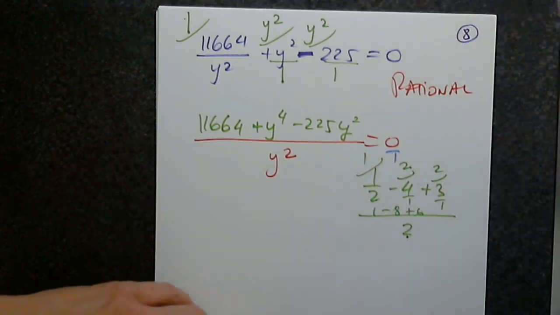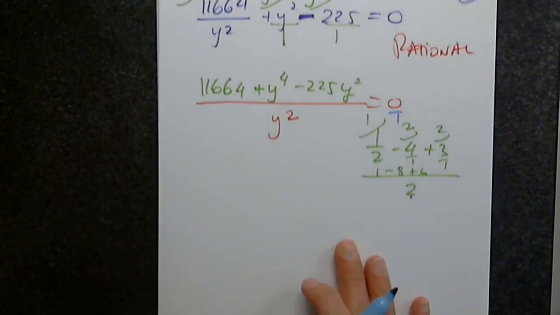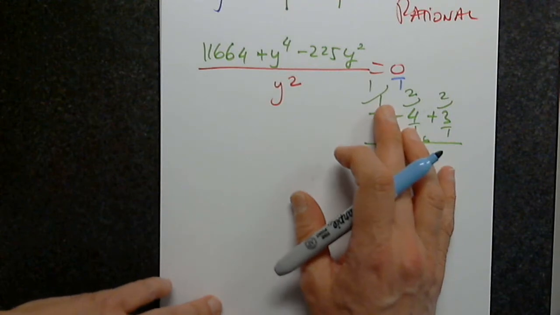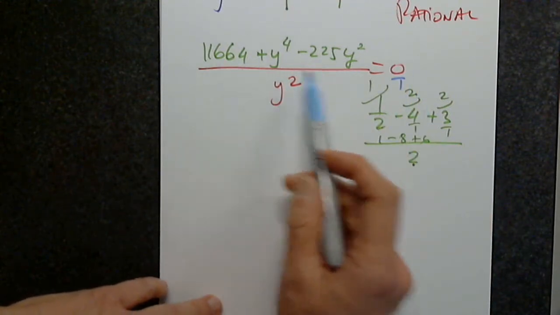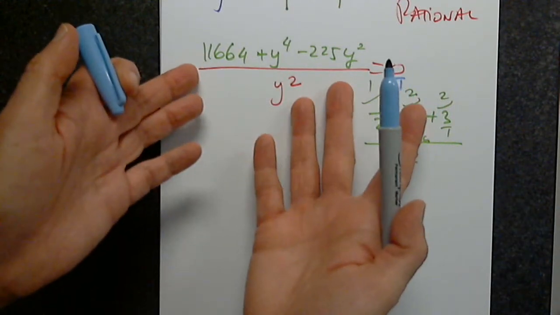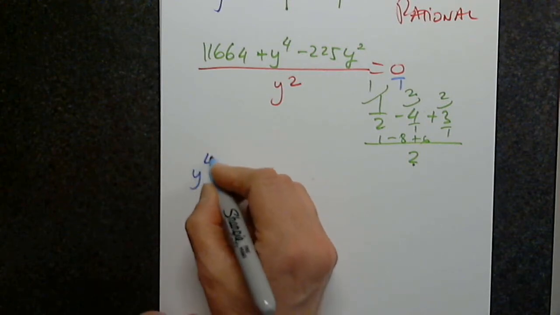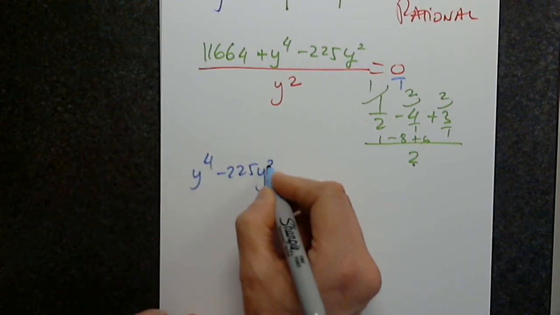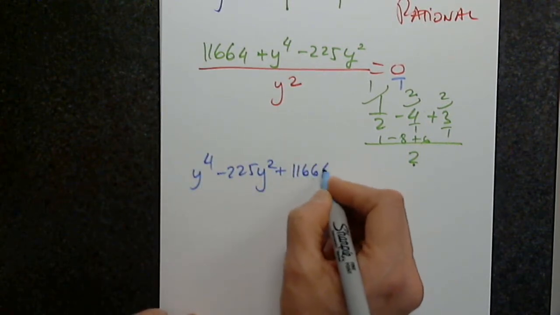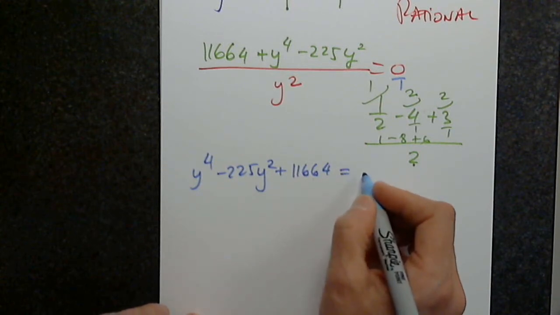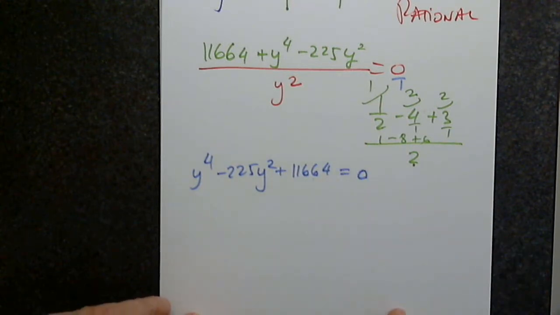What do I need to do next? Right. No, not yet. Yes, you're right. Yes, because it's already, there is nothing I can combine. I'm going to write it in descending order. Y to the 4th minus 225y squared plus 11,664 equals 0 indeed. Okay, what type of equation is this? Now this is no longer rational.